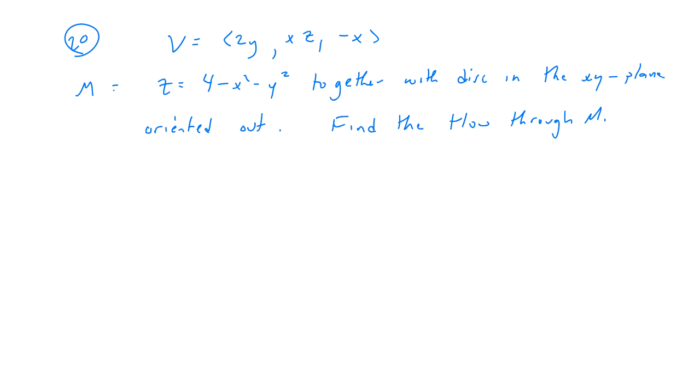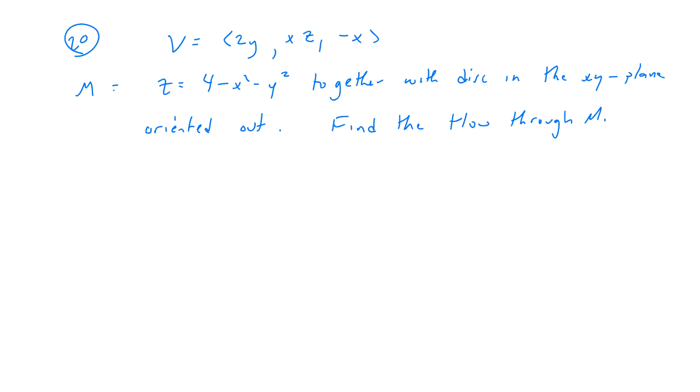So what they would really want you to do is to break it up into two pieces, parameterize the paraboloid part, which you could do as x is equal to u, y is equal to v, z is equal to 4 minus u squared minus v squared, where u and v go from 0 to 2.